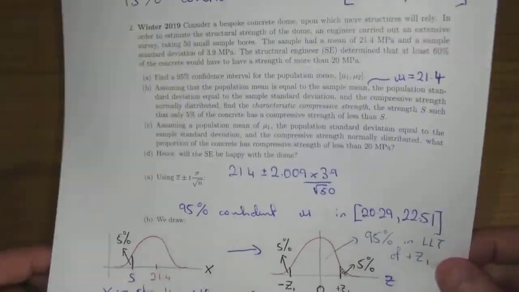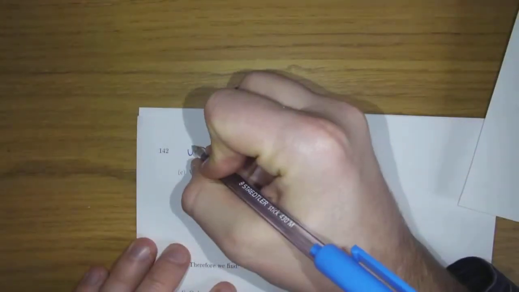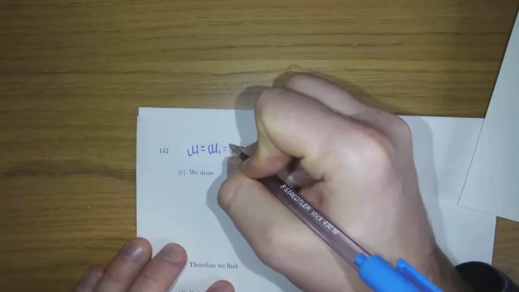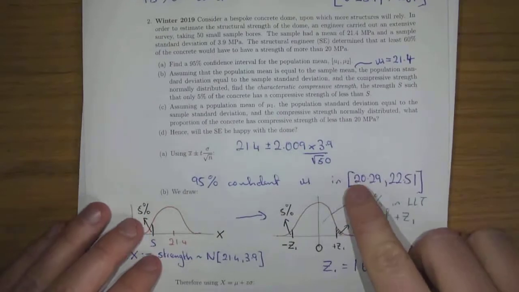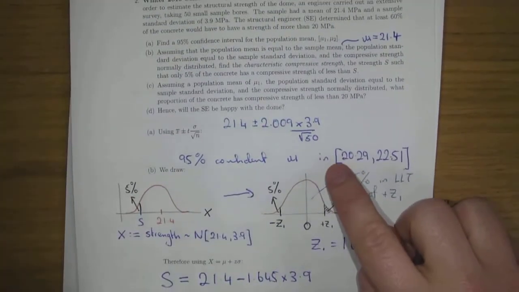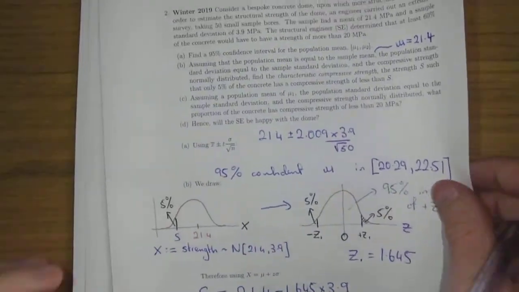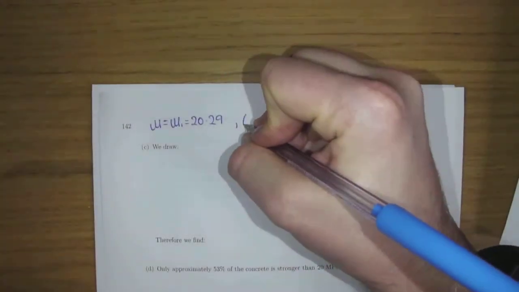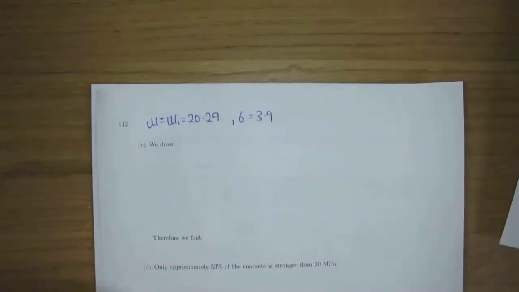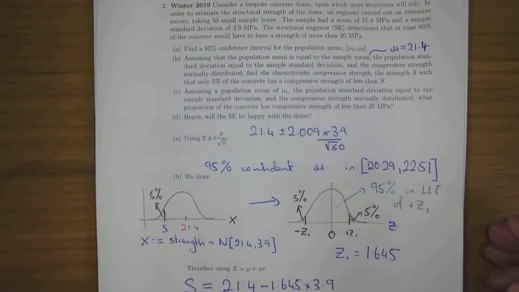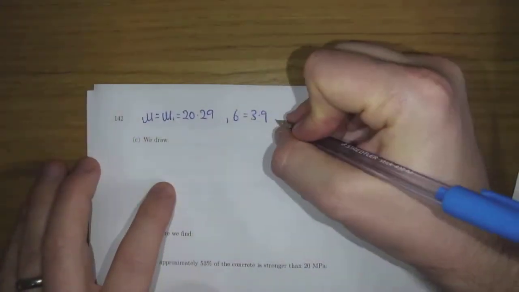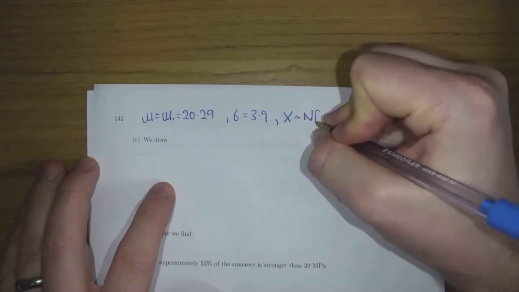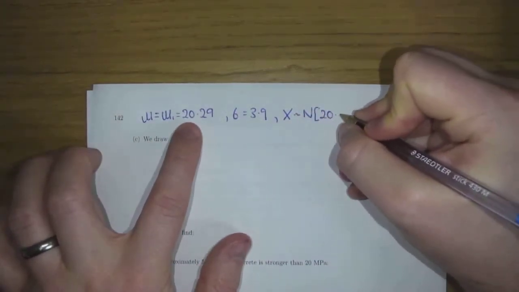So assuming 20.29, the conservative estimate for the population mean, the lower end of the confidence interval, and the population standard deviation equal to the sample standard deviation, so that's still 3.9, and the compressive strength normally distributed. So again we can go with X being normally distributed, but this time we're being a bit more conservative.